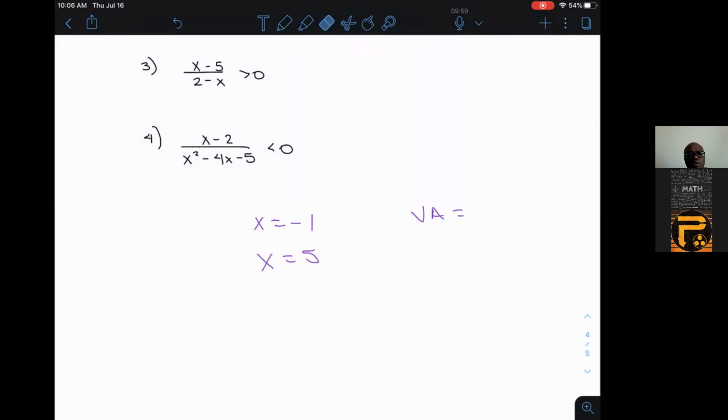And the other one was your x-intercept. The vertical asymptote is when the denominator cannot be equal to 0, so that's when you solve for it. And then the x-intercept is when the numerator is equal to 0. So your x-intercept was x equal to 2.